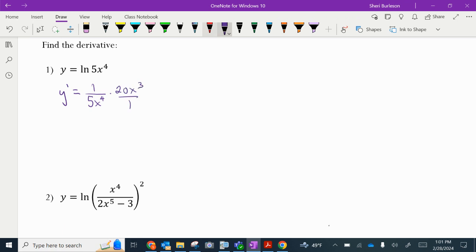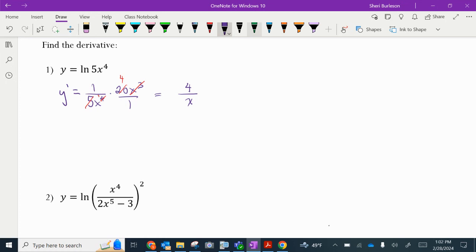And if I can reduce, I'm going to reduce. And what I end up with is 4 over x. Is that what we got?